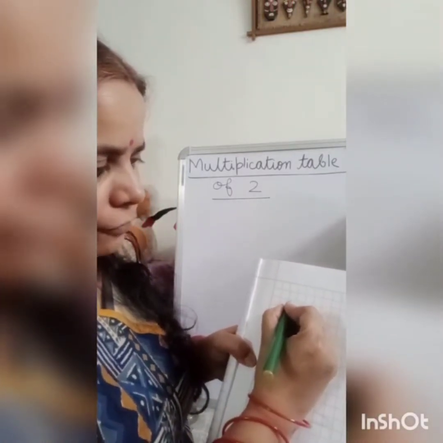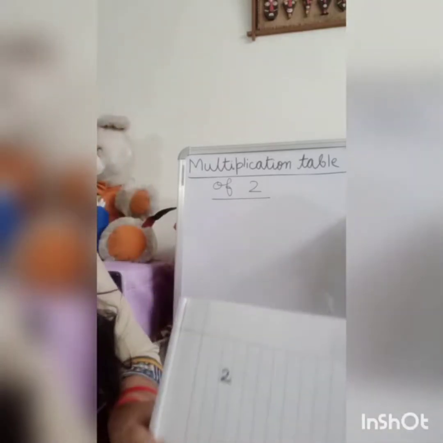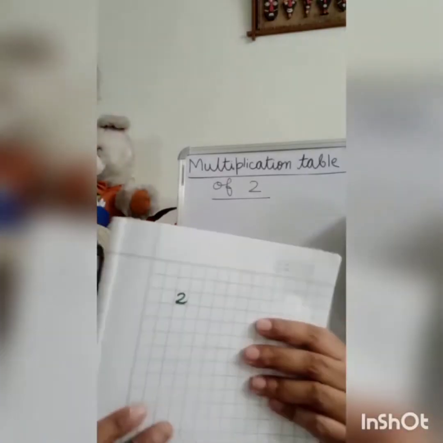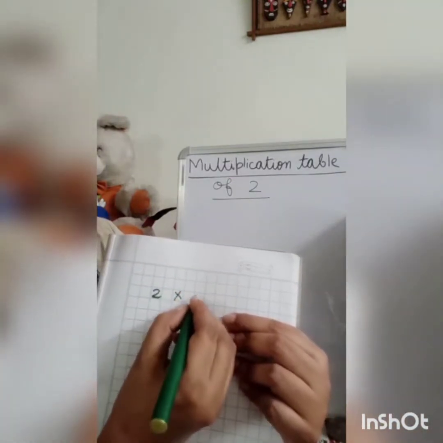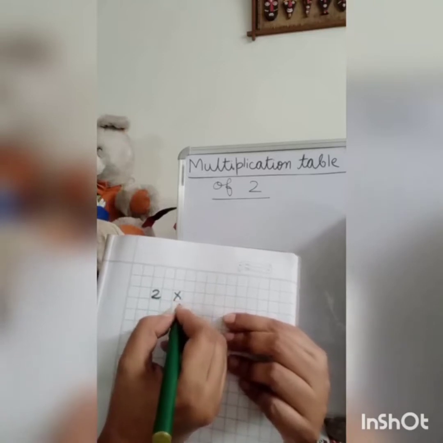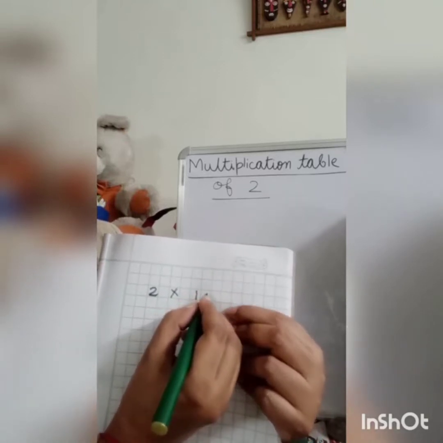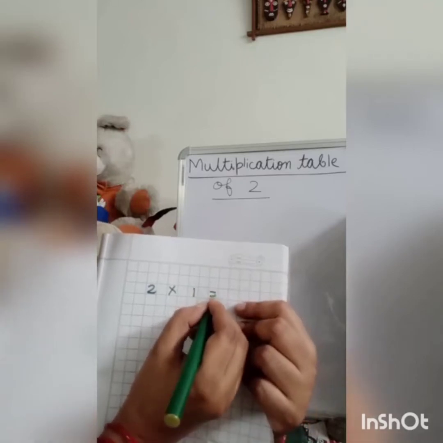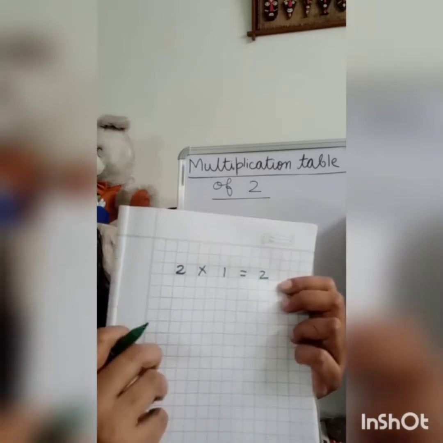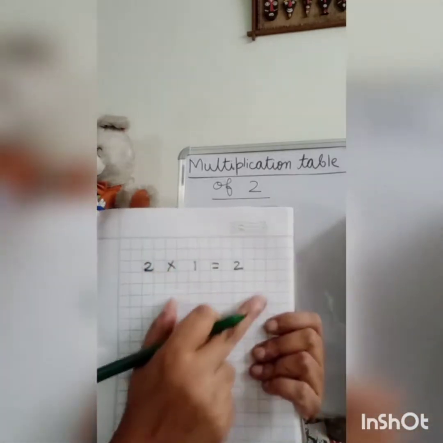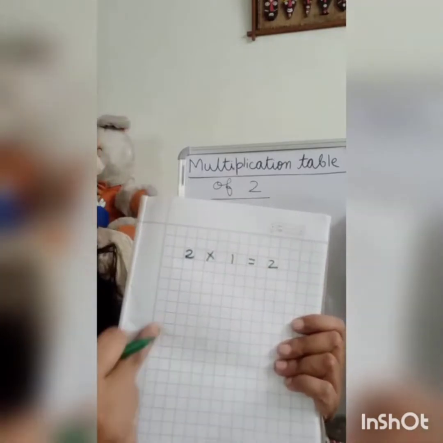In one square, you will write 2, then you will leave one square, then you will put the sign of multiplication, then again leave one box, then you write 1, then you will write is equal to, then you will write 2, like this. It should be written like this, then only it will look beautiful, otherwise not.